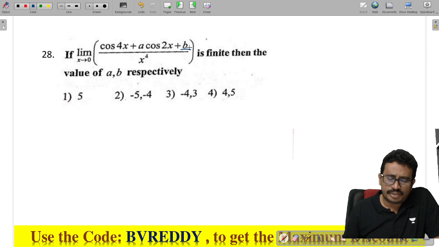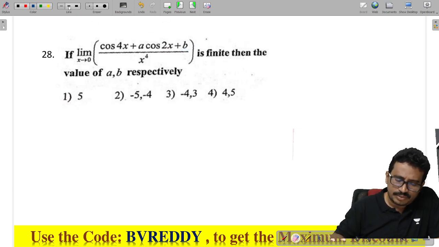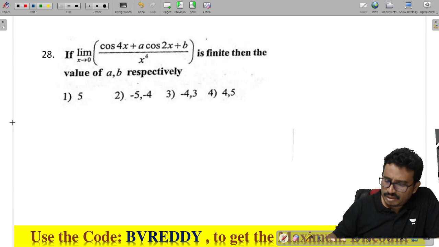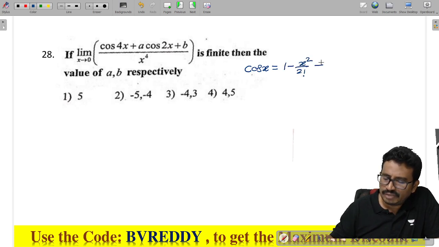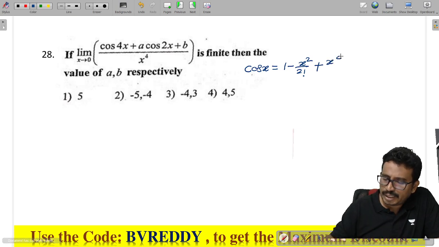So that's the reason we need to go for the series expansion only in these cases, since b here is a constant. So as you might know, the cos x expansion is 1 minus x squared by 2 factorial. Even powers will come, plus minus alternately, plus x power 4 by 4 factorial minus x power 6 by 6 factorial.